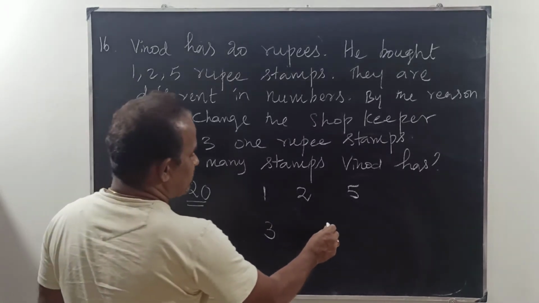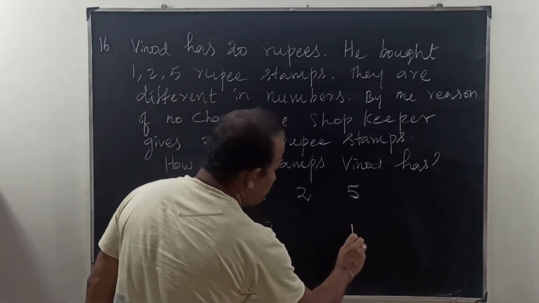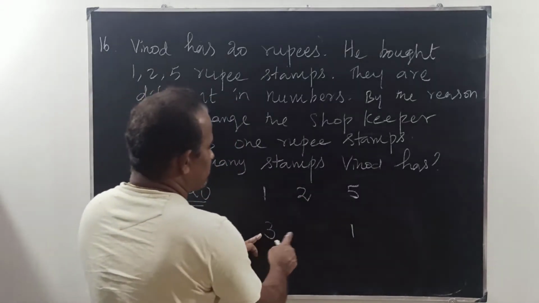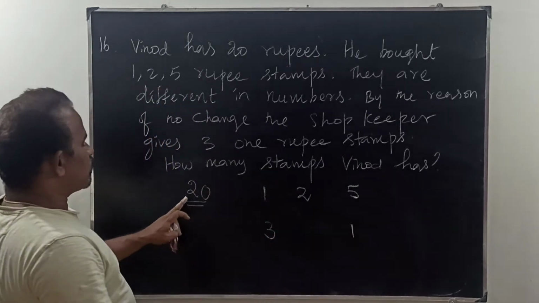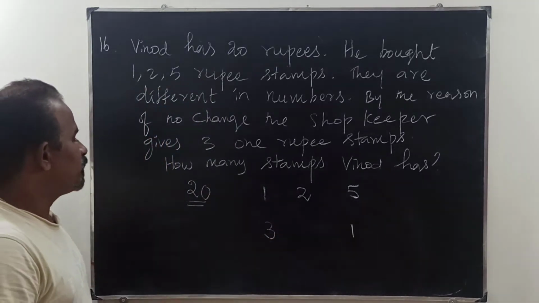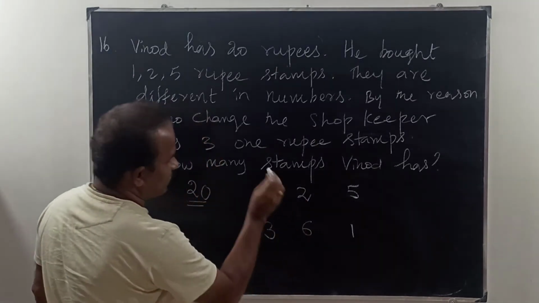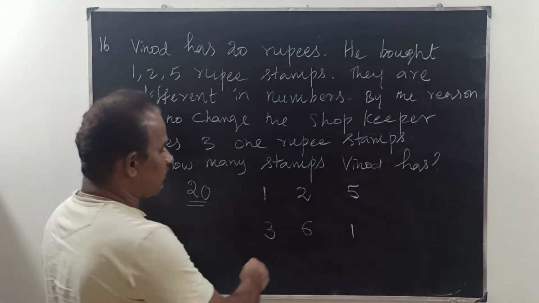Suppose he purchased 1 5 rupee stamp. Adding 3 plus 5, 8. Remaining is 12 rupees. With 12 rupees we can purchase 6 2 rupee stamps. The total number is 10.